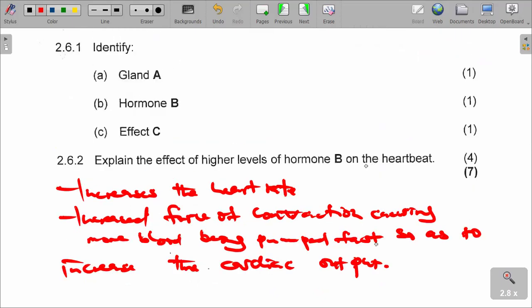So these are some of the things that we need to take note of.